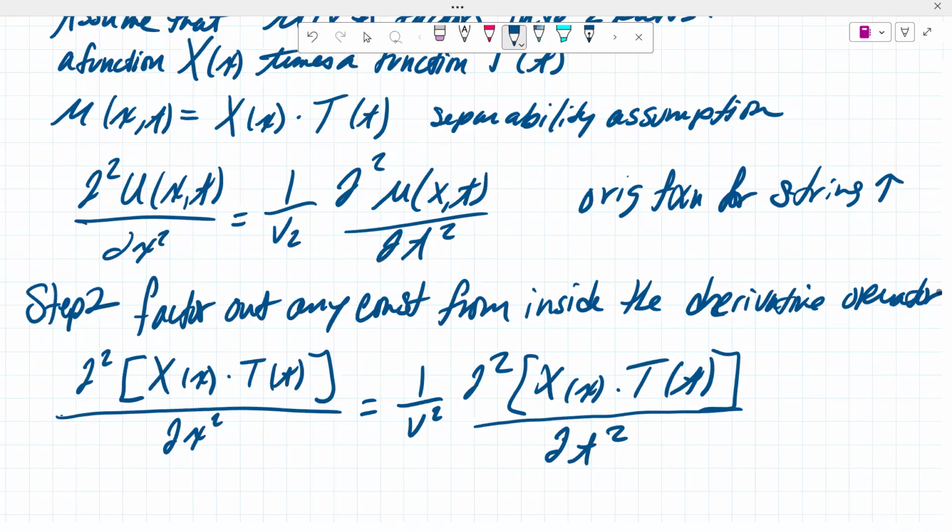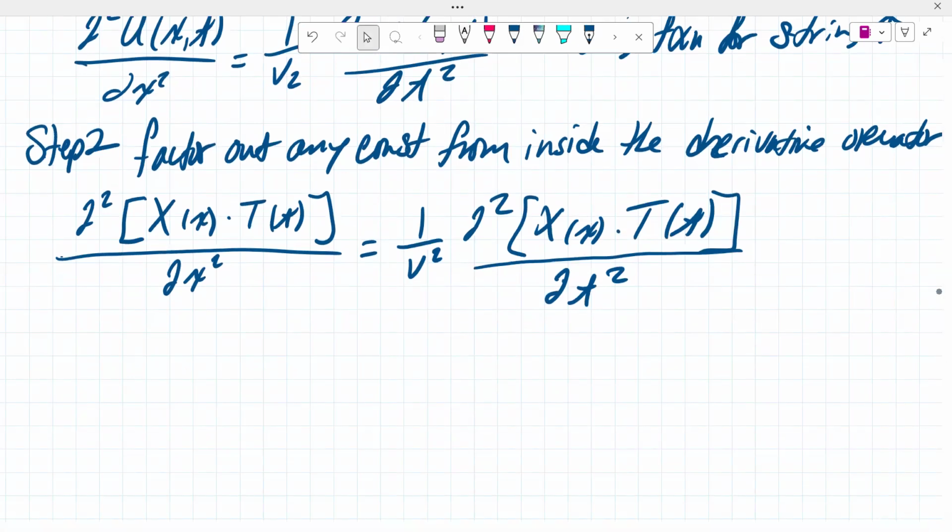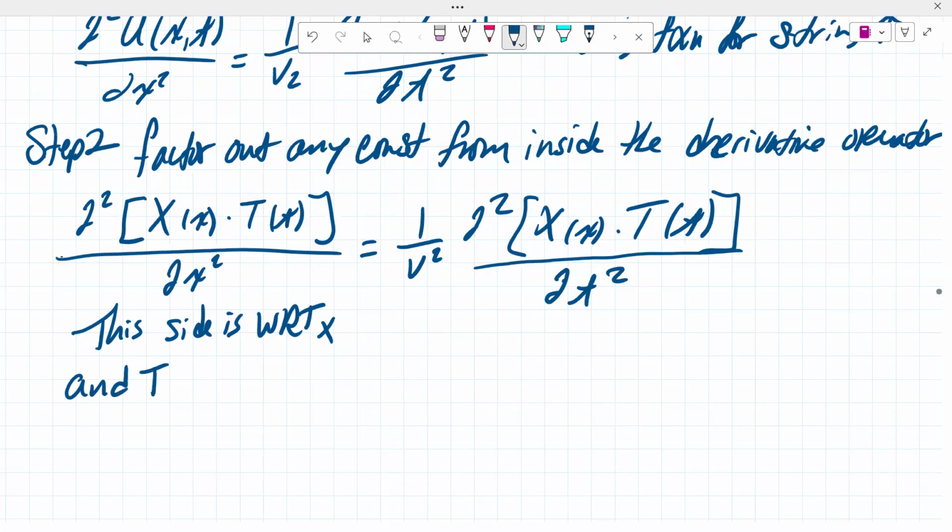All right, good. Now, there's some important things we should notice. This side, over on the left, is about x because we're taking the derivative with respect to x. And T of t doesn't have any x in it.